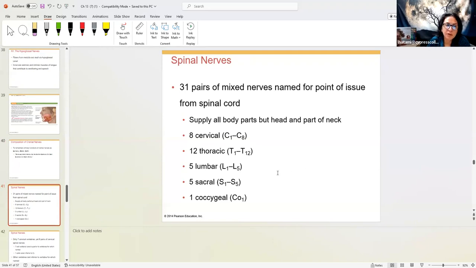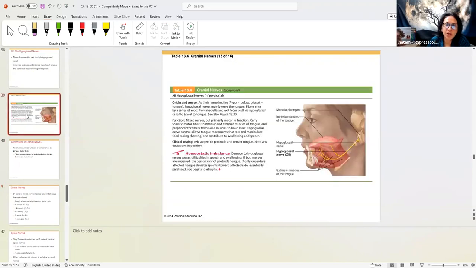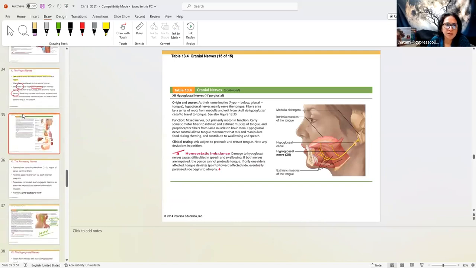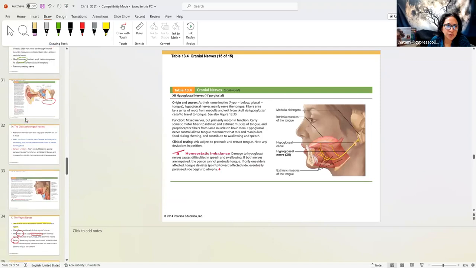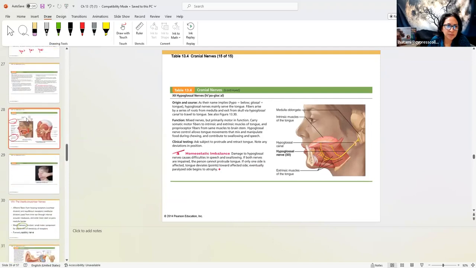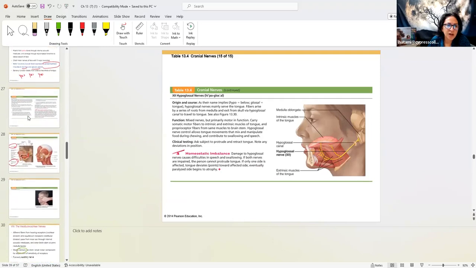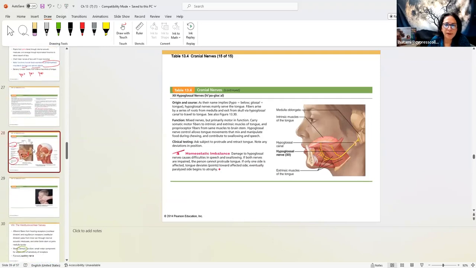Okay, one more thing to make sure of is that you know the function of each cranial nerve. If you know their function, you can easily work out their clinical testing. One thing which is important to know, let me go to the facial nerve. You might have heard about Bell's palsy.